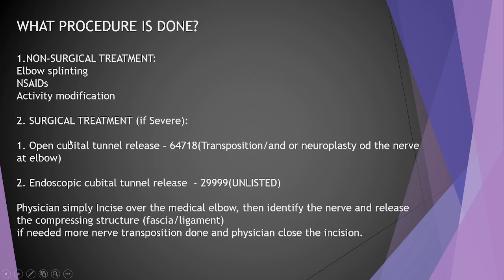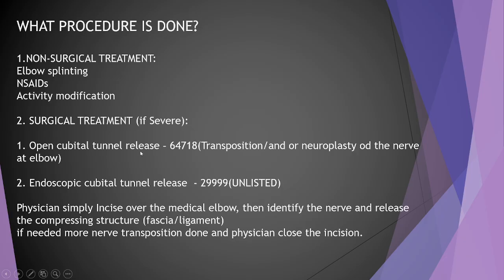In the surgical treatment, there are two types: the open cubital tunnel release and the endoscopic cubital tunnel release. So these two treatments can be done, and the cubital tunnel release may be open or endoscopic.